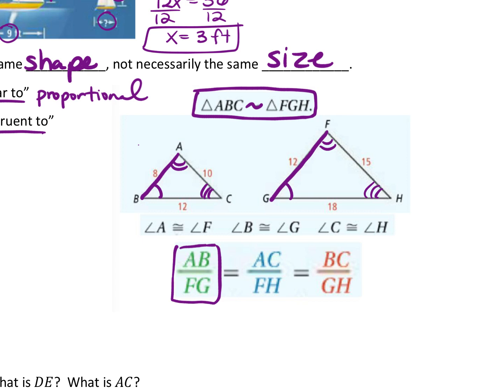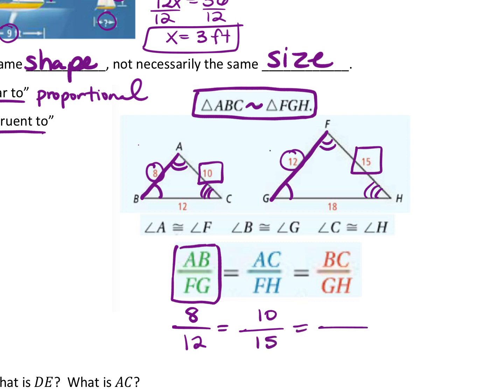So we can say AB, which is 8, over FG, which is 12, should be equal to AC, which is 10, over FH, which is 15, which should also be equal to what over what? BC and GH, so 12 over 18.